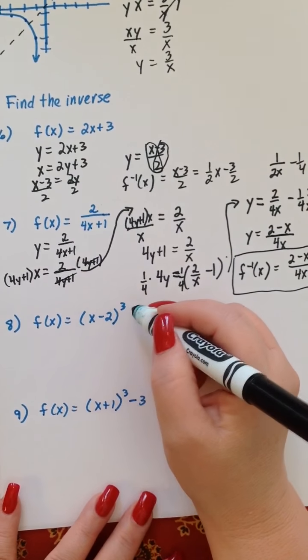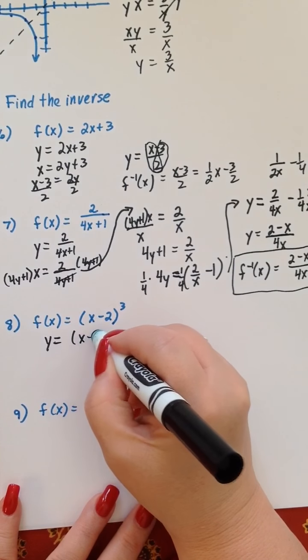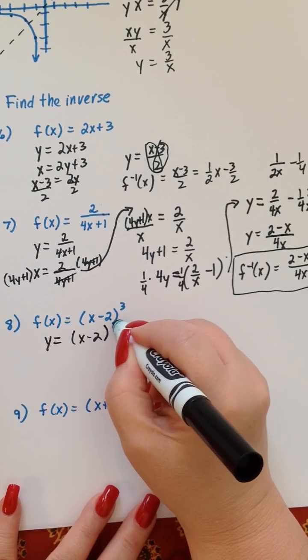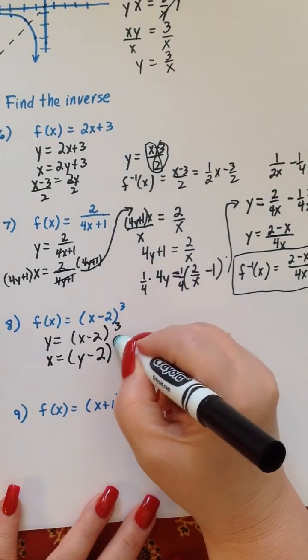All right, next for our inverse, we say y is equal to x minus 2 cubed. And then we switch x's and y's, so I say x is equal to y minus 2 cubed.